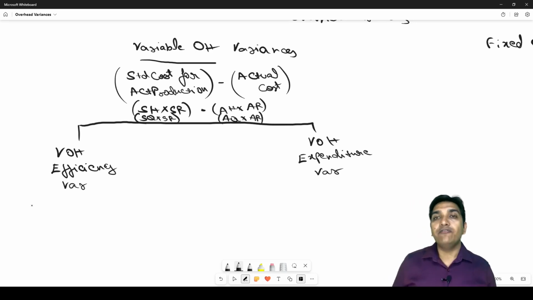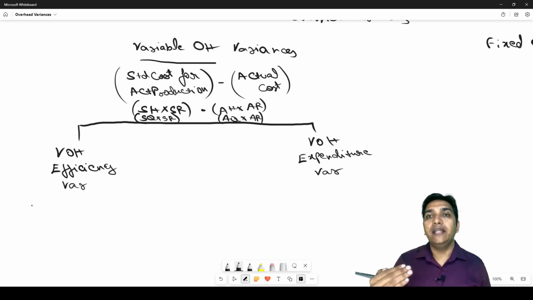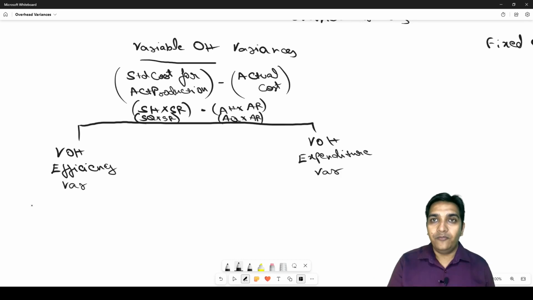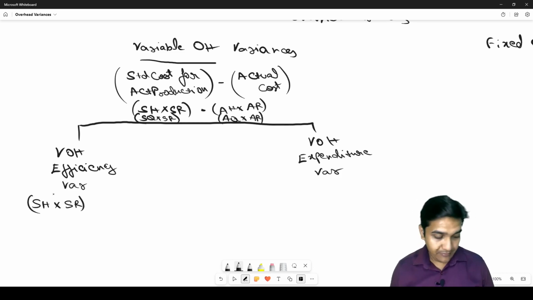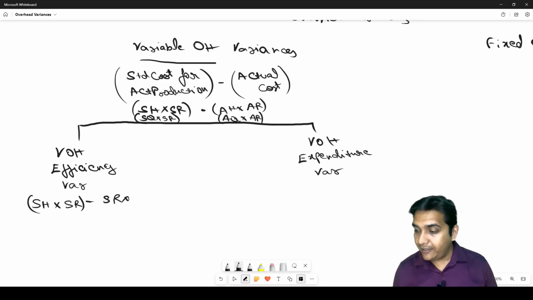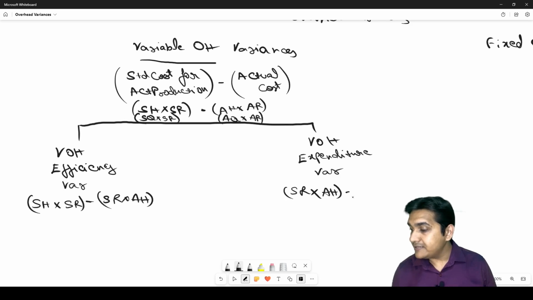Again, the efficiency formula, similarly like we did in our labor and materials, would be standard hours into standard rate minus standard rate into actual hours. Here it would be standard rate into actual hours minus actual hours into actual rate.